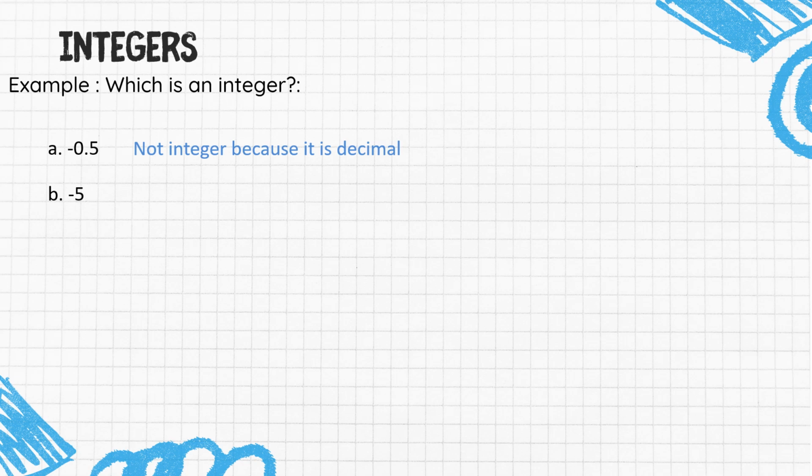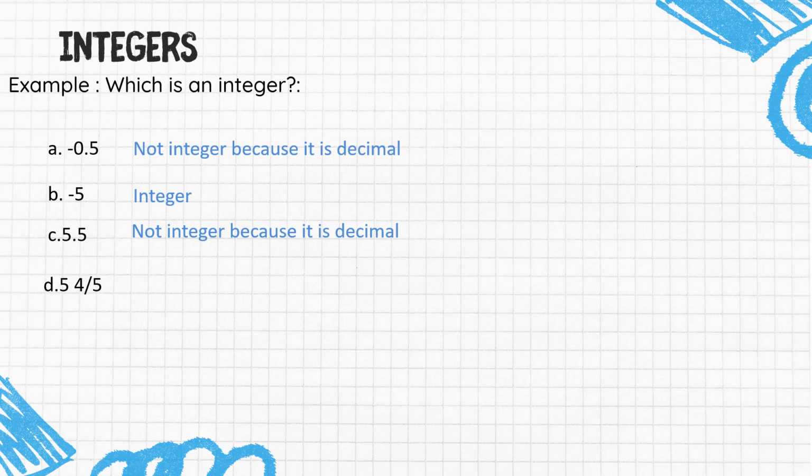Is it an integer? Excellent, math champions. Yes, it is an integer. What about 5.5? Is it an integer number? Who can tell me? Excellent. It's not an integer because it is a decimal number.